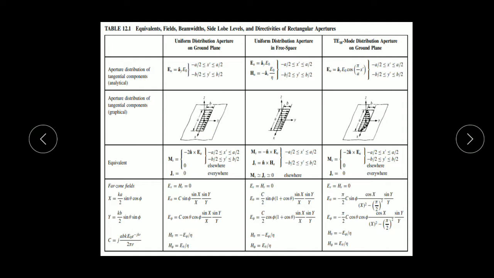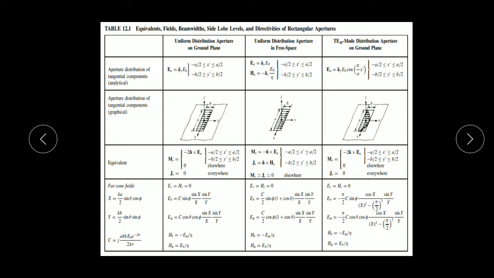The aperture length is a and width is b. The electric field is constant throughout, from minus a by 2 to a by 2 and minus b by 2 to b by 2. The direction of the electric field is in the y direction.